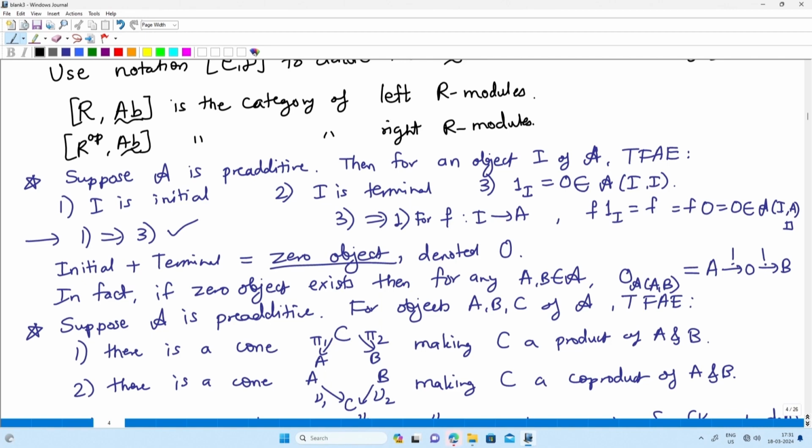So that equation must be preserved. Therefore in the image also the same thing will be true. Identity is always preserved, right, by any functor. So thanks to this and remark 3, we can conclude that 0 objects are preserved.